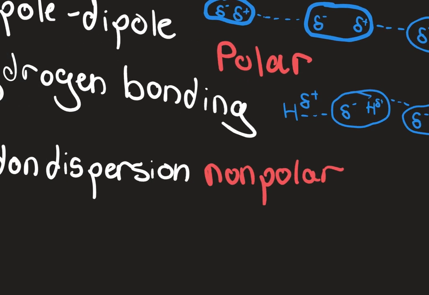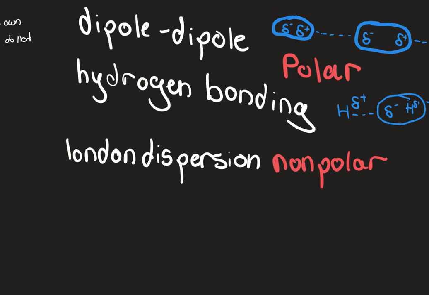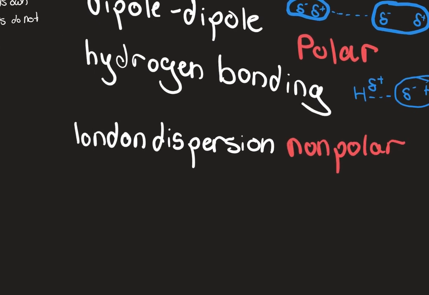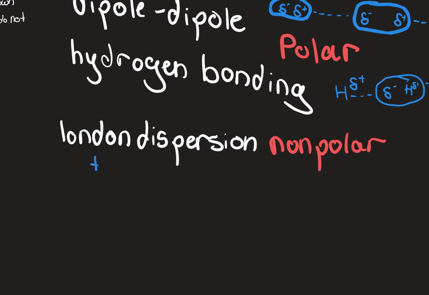And then we have London dispersion. London dispersion occurs between nonpolar molecules, and that happens through temporary partial charges. Temporary is the key word.